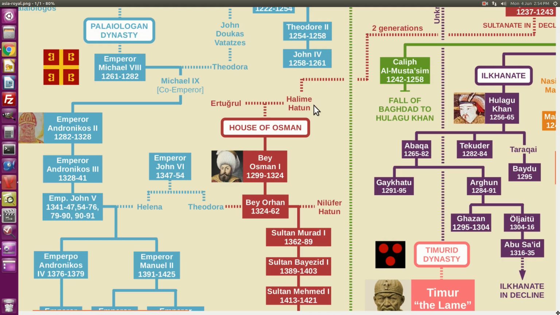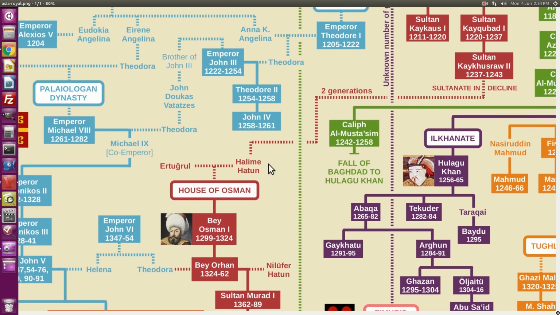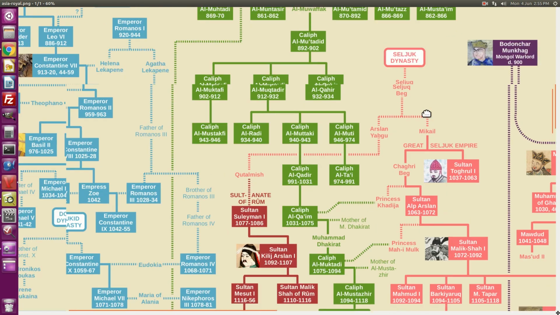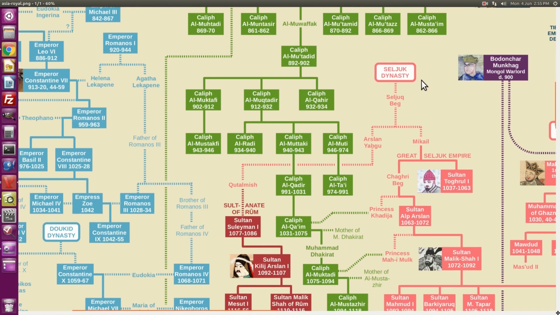quickly at his ancestry. So before the Ottomans became the dominant Turkic dynasty, previously there was another Turkic dynasty known as the Seljuks. And they were the dominant Turkic group in the Middle East.